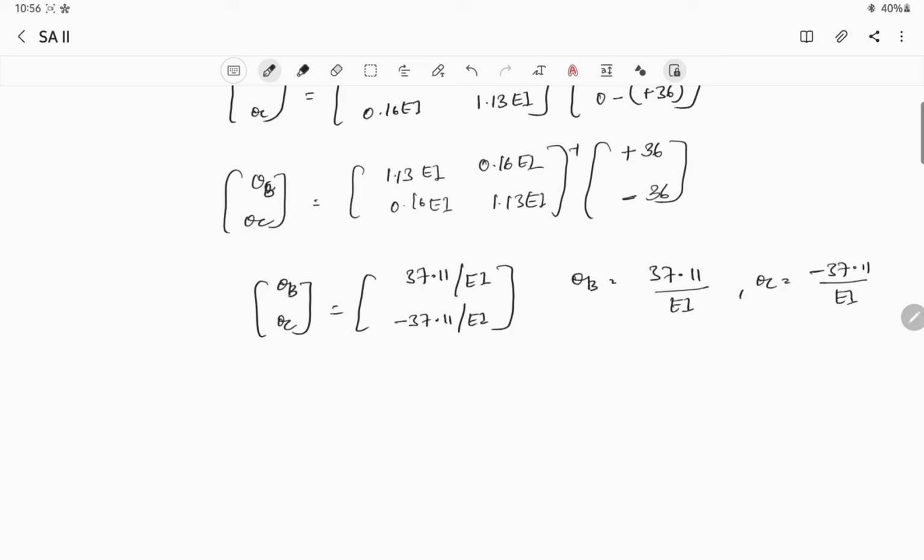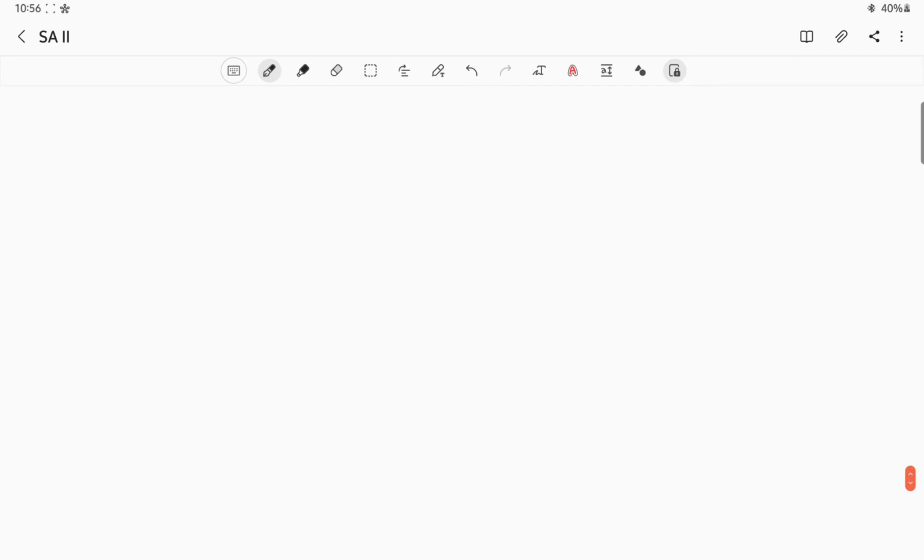Now we have to substitute the values of theta B and theta C in our slope deflection equation. What is the slope deflection equation for the calculation of final moments? That is MAB is equal to MFAB plus 2EI by L into 2 theta A plus theta B. MFAB is 0, because we don't have any load there. Theta A is also equal to 0.